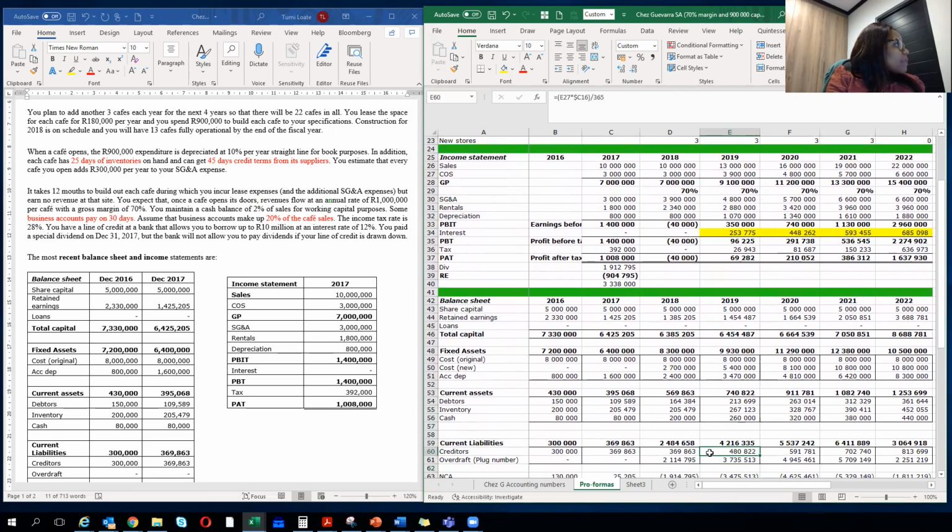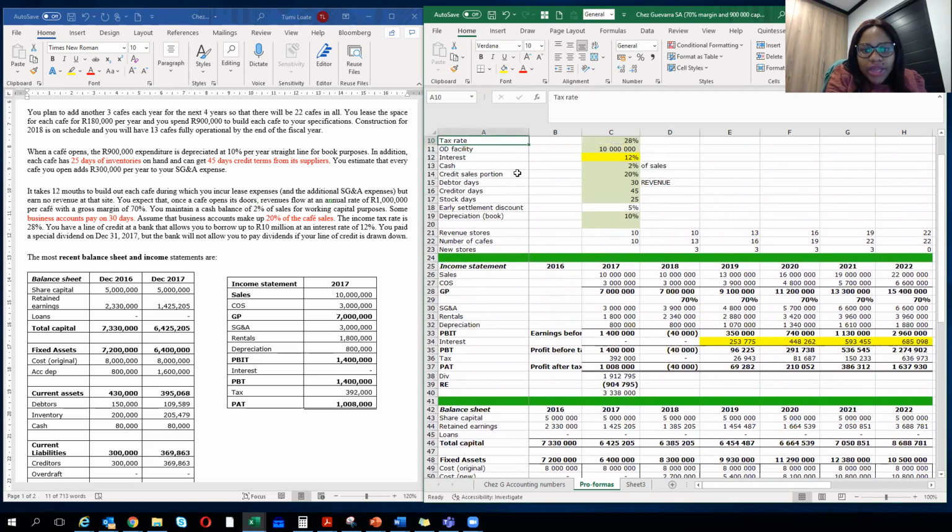Okay, so here at the bottom, when you're calculating your creditors days, it needs to talk to the people that are supplying you with your goods and services. So your creditors days here ties together, and not with the revenue account, but your cost of sales.